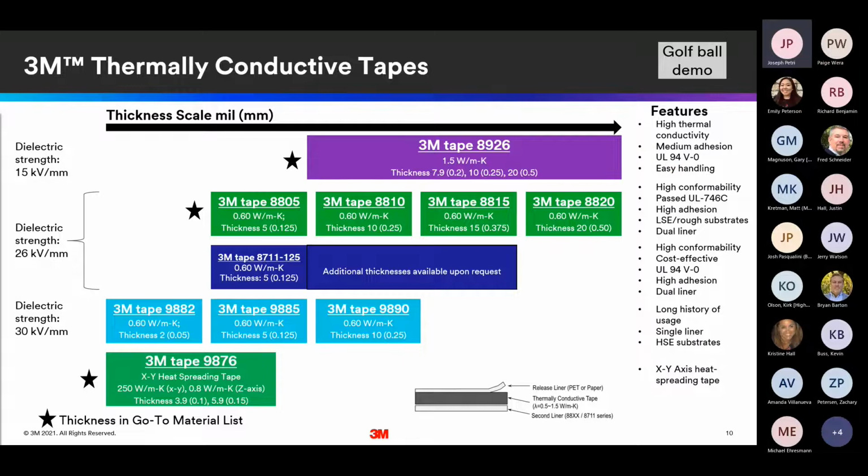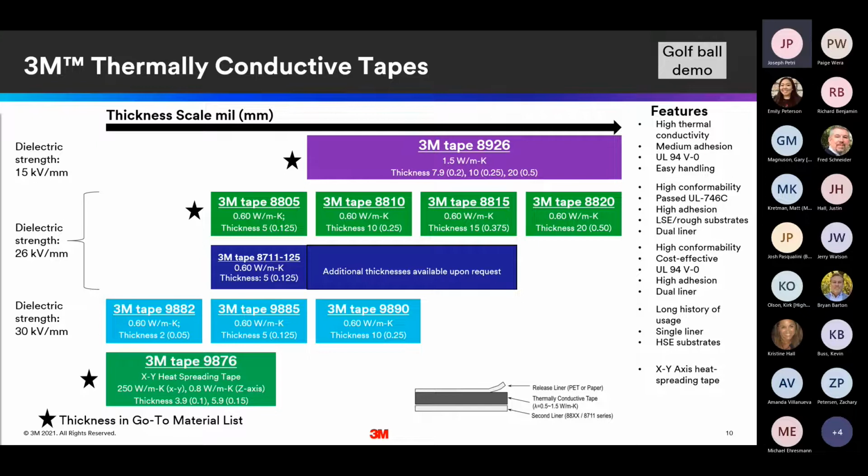The 88 series has excellent adhesion on difficult surfaces within environments requiring coefficient of thermal expansion in a constant bond and join. The 9882, 9885, and 9890 is a traditional transfer tape. And what we're finding as products are being hand assembled in these types of applications, they'll lean more toward our 8926.